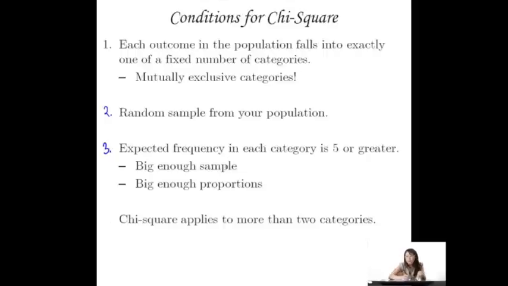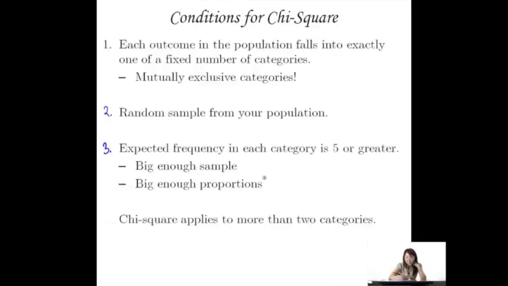Here's why. You need a big enough sample. If you have too small of a sample, you're going to get expected frequencies less than 5. Also, you need big enough proportions. So let's say you want to compare proportions where one candidate is predicted to win 99.999% of the votes, and the other candidate is only supposed to win 0.001% of the votes, and you only have 5 people in your sample.